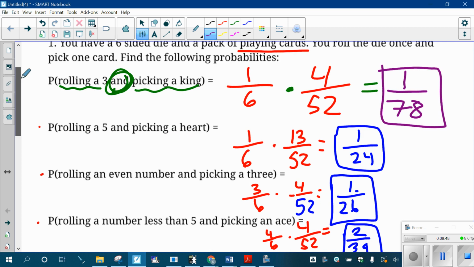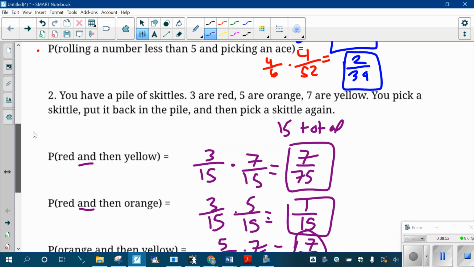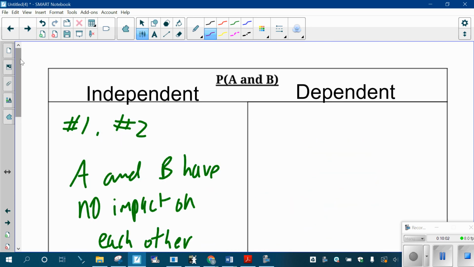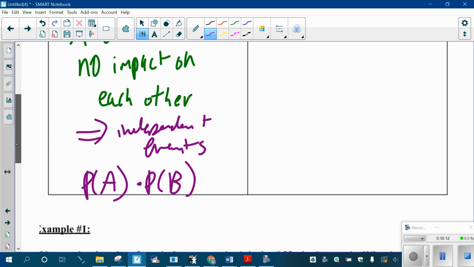It's a little more subtle, but because you put the Skittle back, what Skittle you pick the first time doesn't matter. It's not like picking a red one makes it more or less likely to pick a yellow one once you put it back. So those are considered independent events, and how you find the probability is you just find the probability of one of them and multiply by the probability of the other one. That's it.